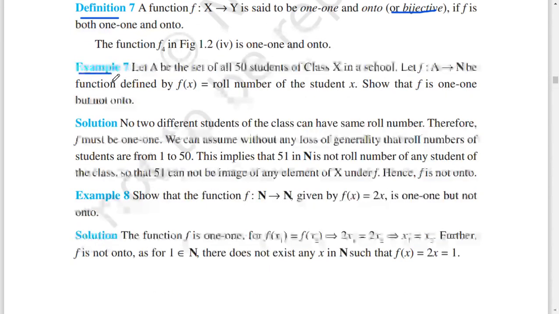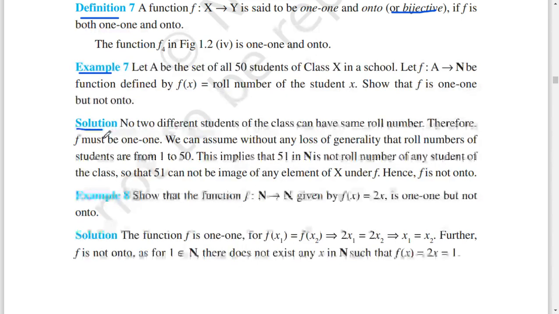Example 7. Let A be the set of all 50 students of class 10 in a school. Let f from A to N be the function defined by f(x) equal to the roll number of the student x. Show that f is one-one but not onto. Solution. No two different students of the class can have the same roll number, therefore f must be one-one.